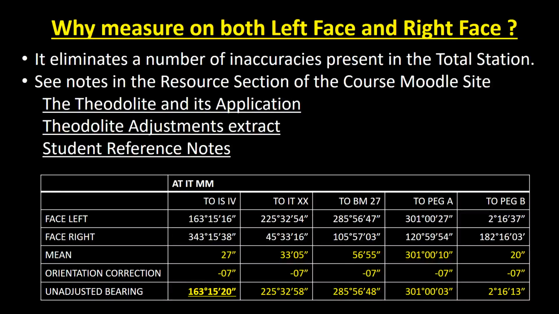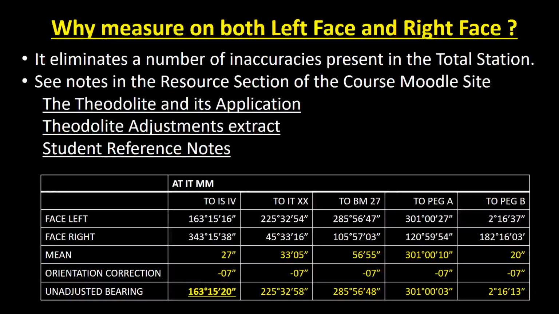So generally, when we set up at ITMM, obviously the total station has no idea where north is. You have to tell it. It can't work it out for itself. So you have to tell it where north is, and you have to orientate it. Okay, you have to orientate it to north if that's what you're doing, or to some other assumed value depending on what you're doing.